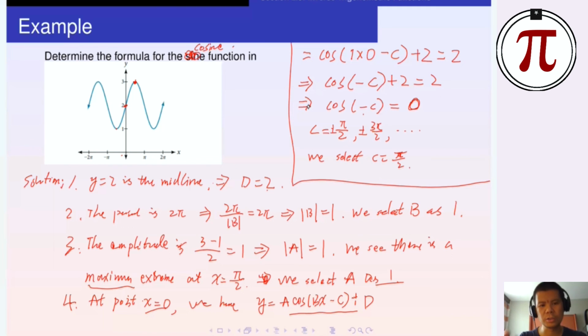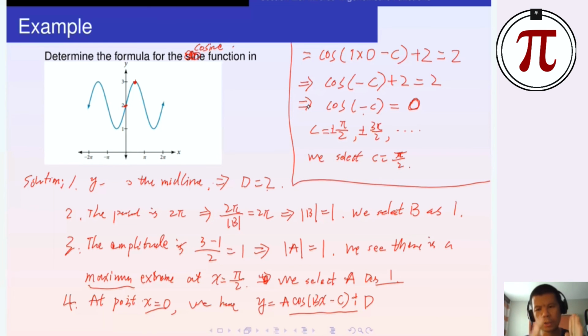This is not just selecting pi over 2, it's because pi over 2 is also good. Cosine function is moving, as you can see. If you move this cosine function curve to the right by pi over 2, it will fit this one. A cosine function is usually centered at 0.